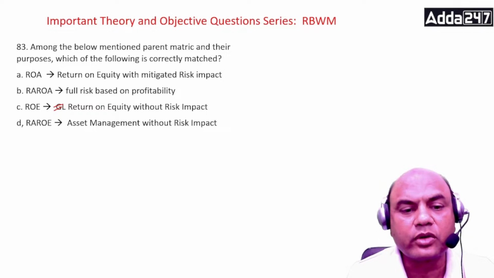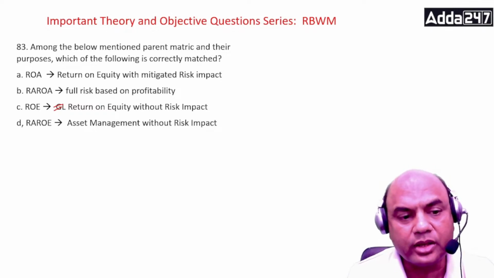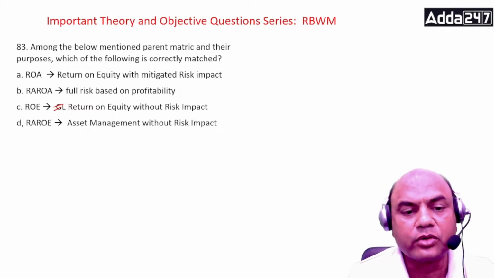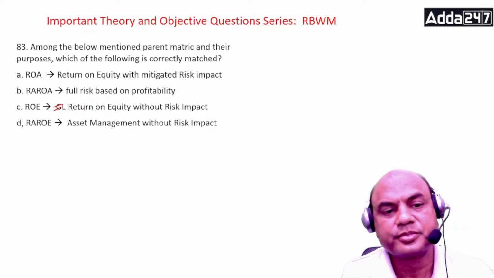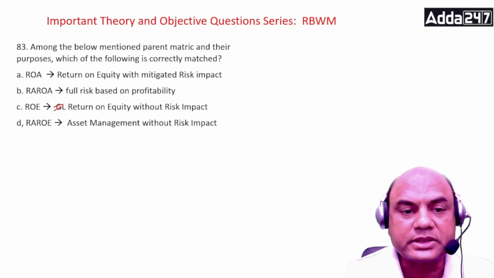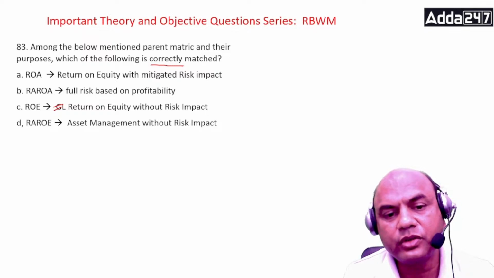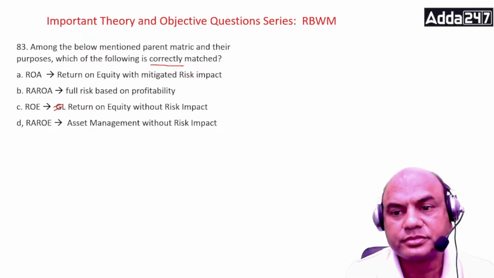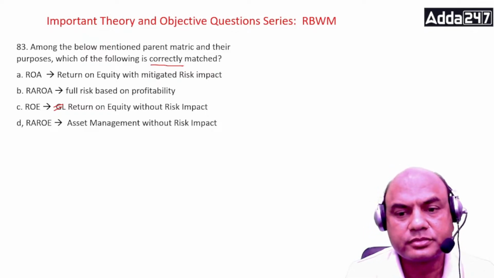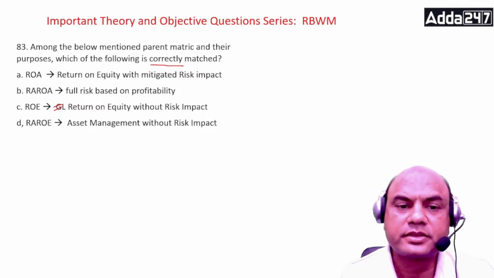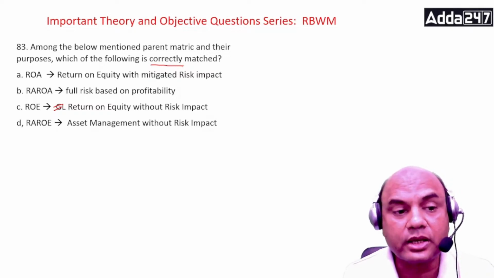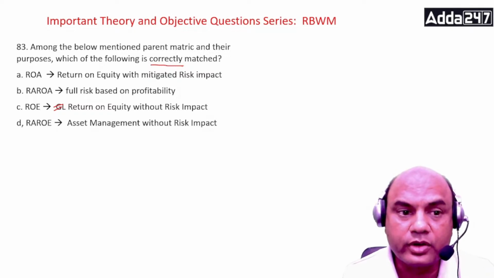Return on equity without risk impact. ROE, asset management without risk impact. So which one is correctly matched? We want only the correct one now.